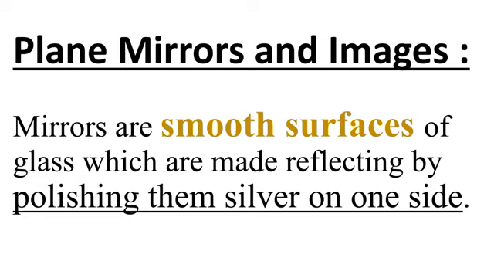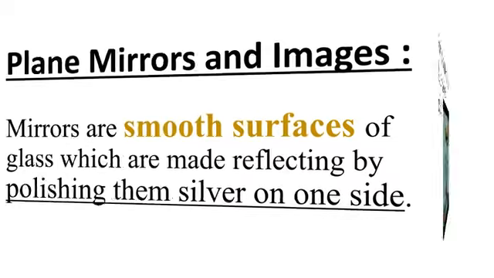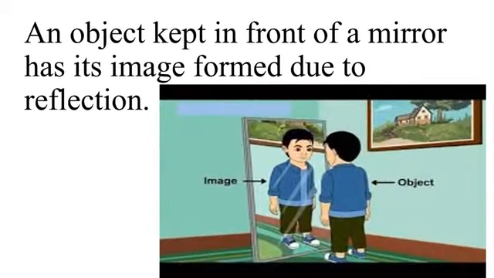Mirrors are smooth surfaces of glass which are made reflecting by polishing them silver on one side. An object kept in front of a mirror has its image formed due to reflection.